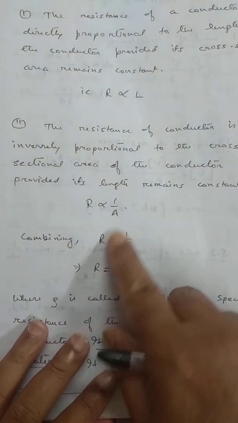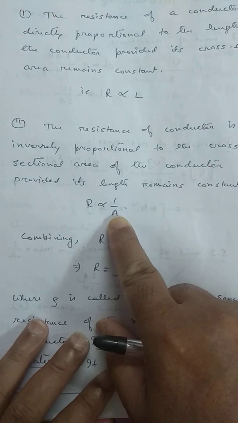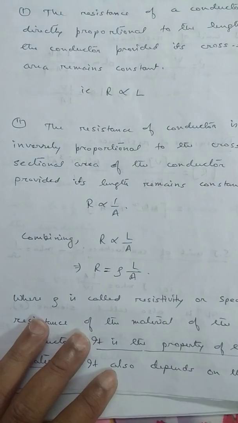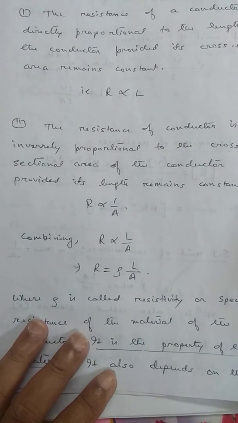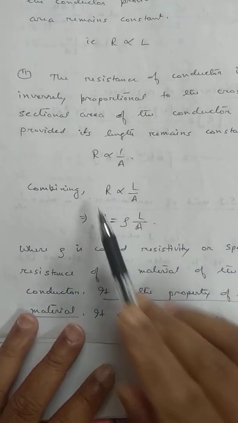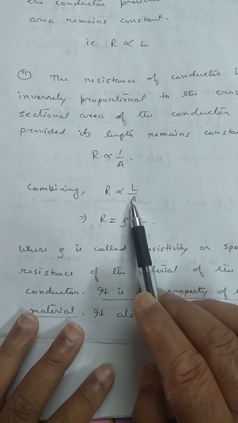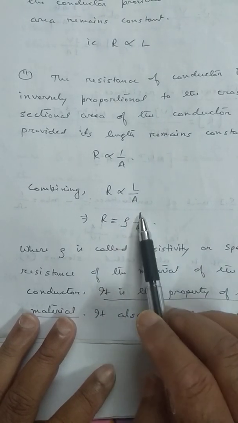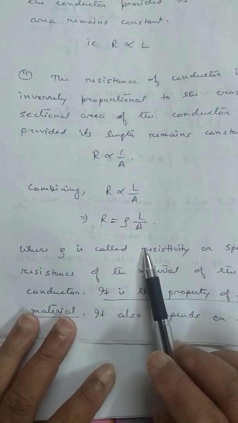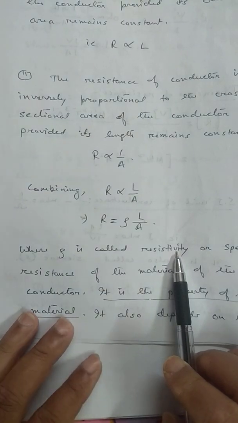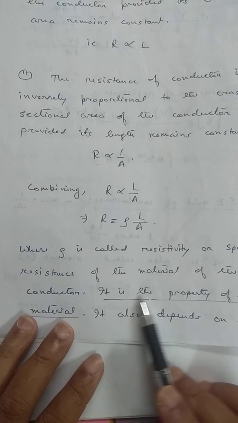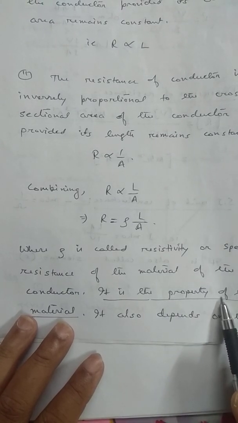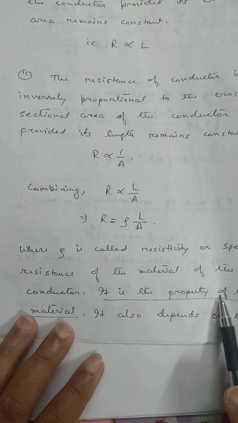Okay, so when the cross-sectional area decreases, the motion of electrons is restricted, so resistance increases. If I combine these two, R is proportional to L by A, so R is equal to rho L by A. This rho is called the resistivity of the conductor. It is a property of the material of the conductor, provided temperature remains constant.